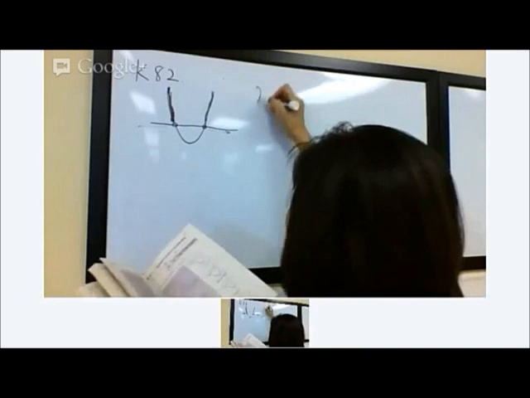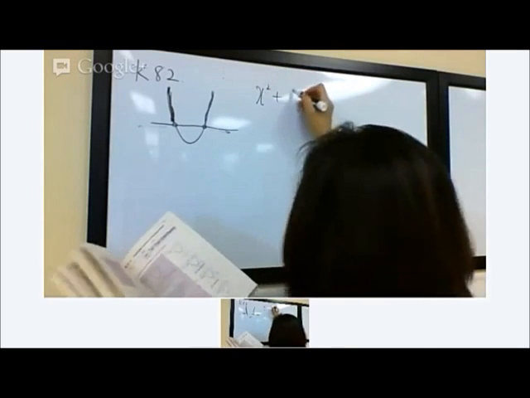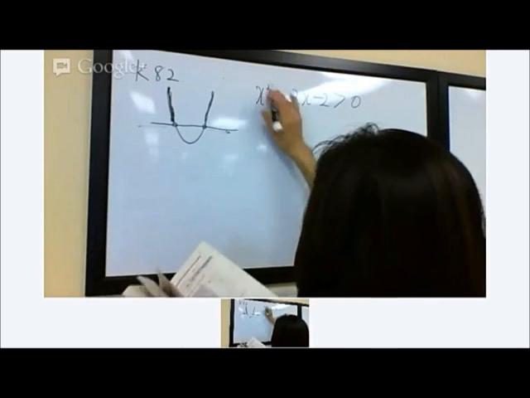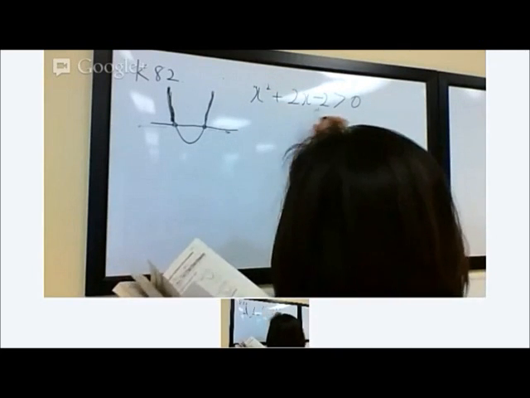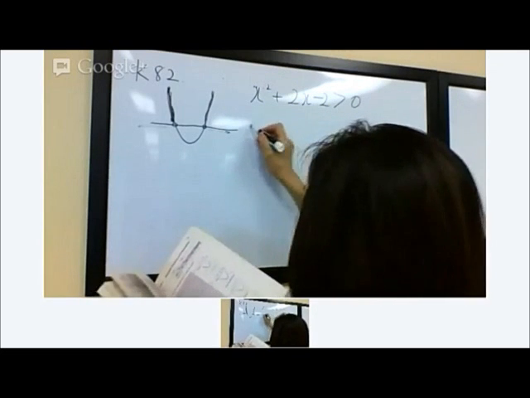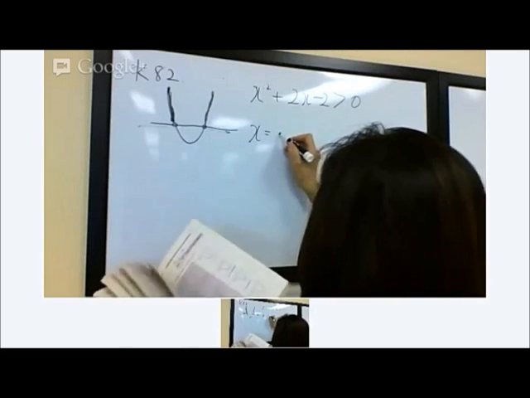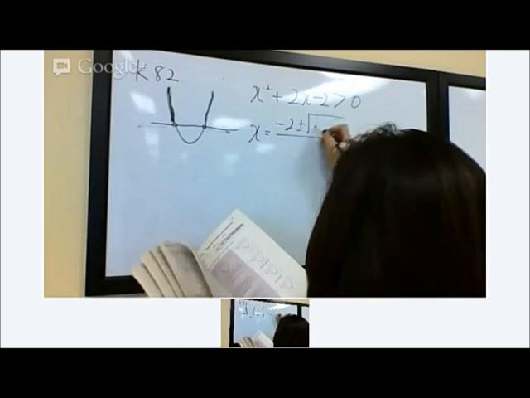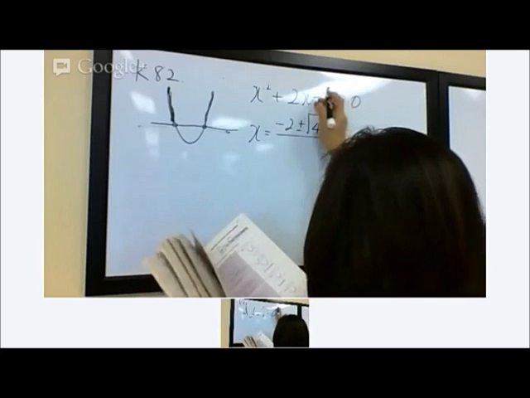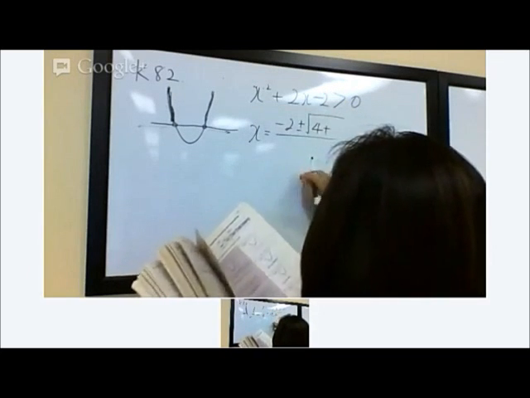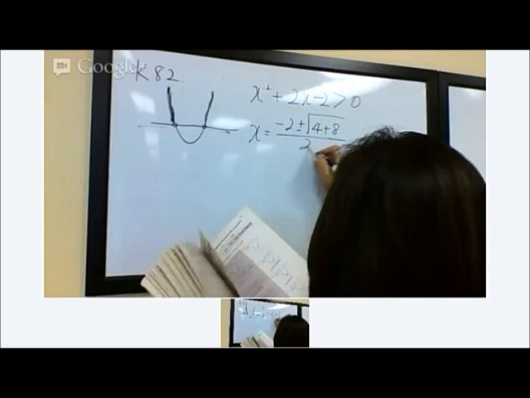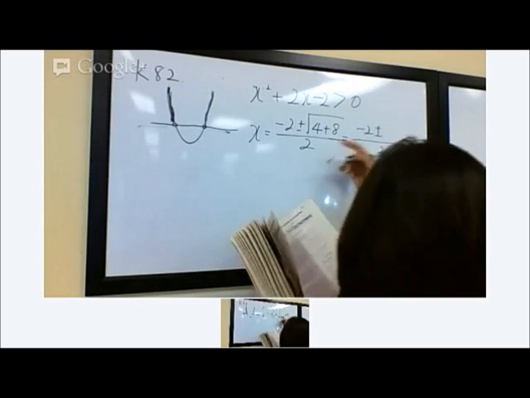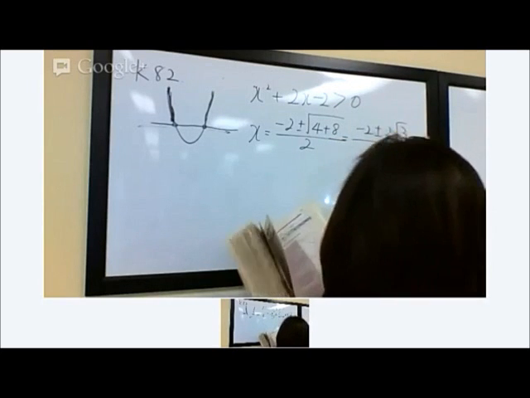This one says x squared plus 2x minus 2 greater than 0. We cannot factor, so set it equal to 0 and solve. Using the formula, x equals negative 2 plus or minus the square root of 4 minus 4ac, where negative times negative gives positive, so 12 over 2, which is 2 root 3 over 2.